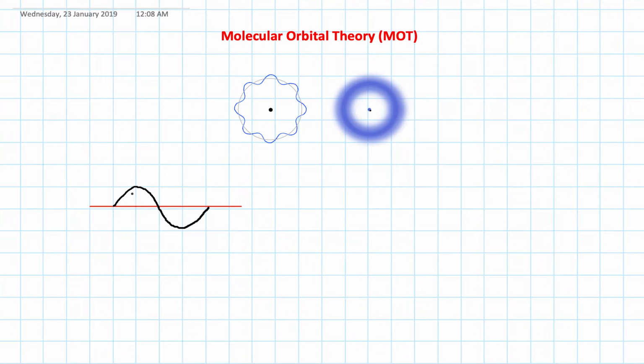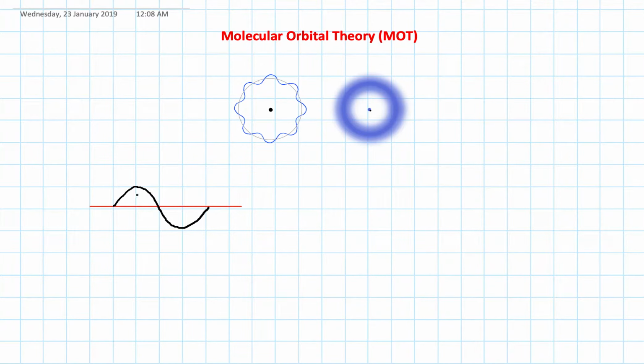We have a part of the wave above the reference line of the coordinate axis, and a part below this line. The upper part is called the crest, and the lower part is called the trough.